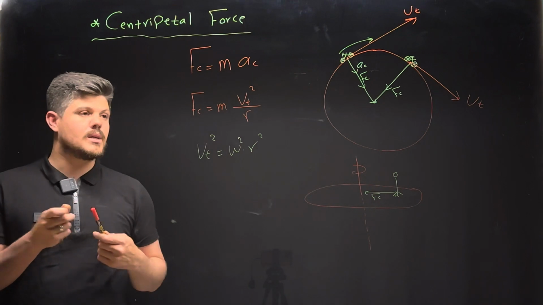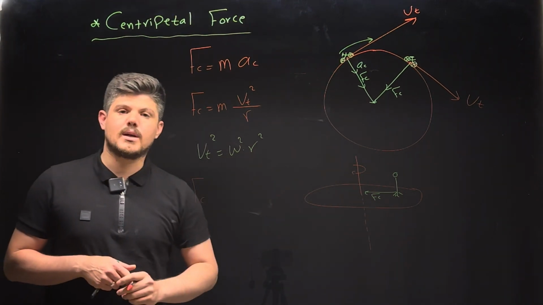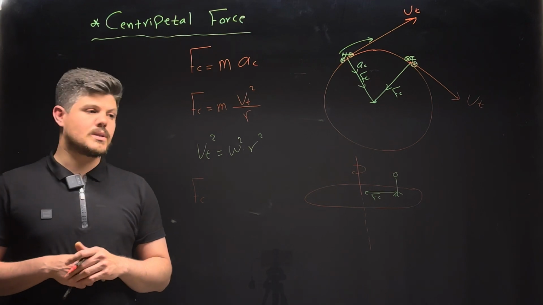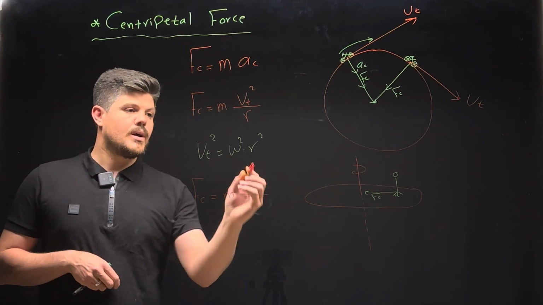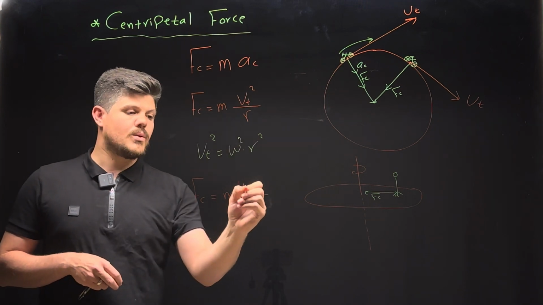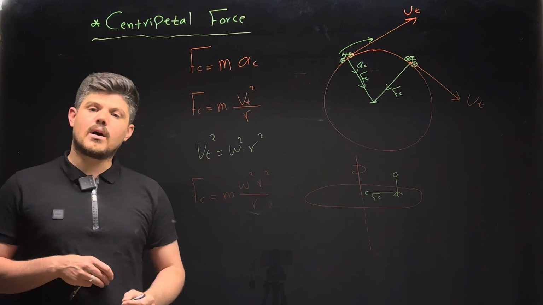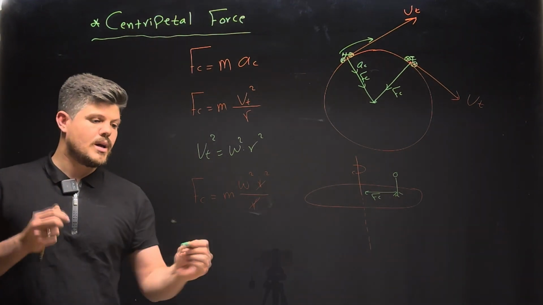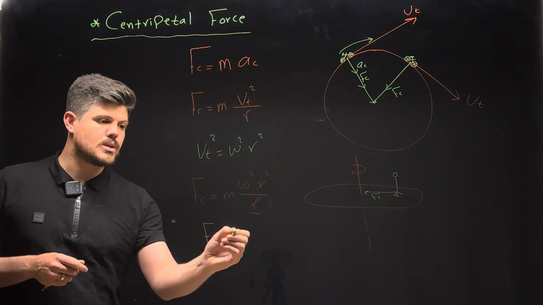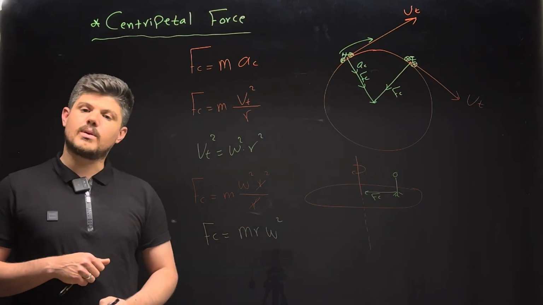We can find the centripetal force for an object that's rotating around a fixed axis, which is equal to m, and instead of vt, write omega squared r squared over r. The r with r cancel. What remains? Fc is equal to m r omega squared.